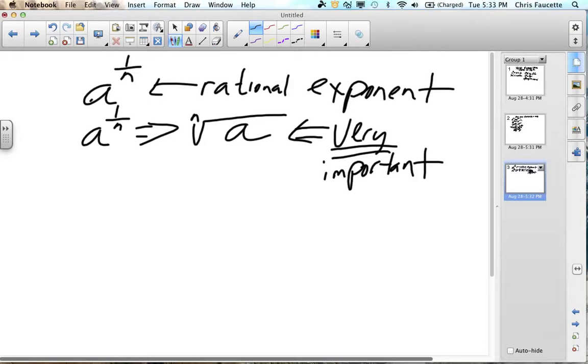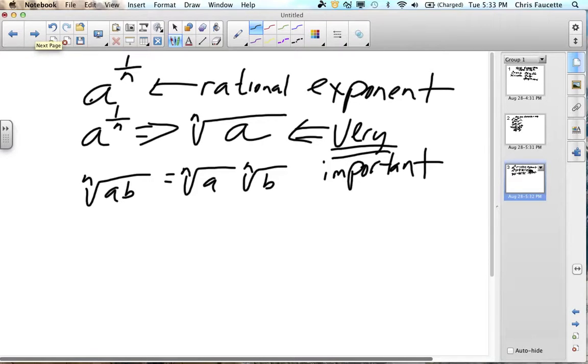So obviously you could take a look at this and forget it now. These radicals have pretty much the same properties. Nth root of AB is the same as the nth root of A times the nth root of B.